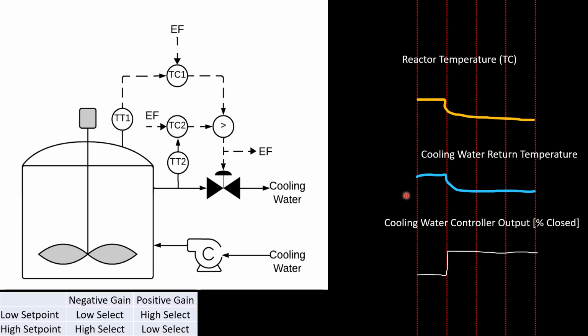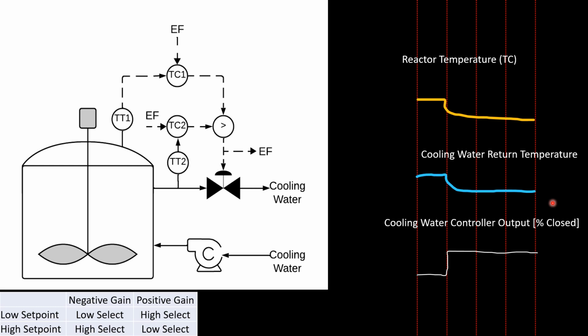Since you want a high set point override controller, you don't want this cooling water to be too hot. And this control variable has a negative gain. It has a negative gain because as I increase the valve, I decrease its temperature. So there's a negative, or I guess an inverse, relationship between these two variables.